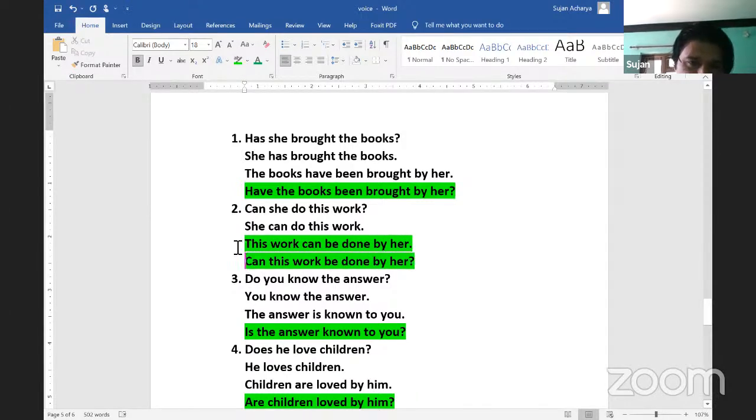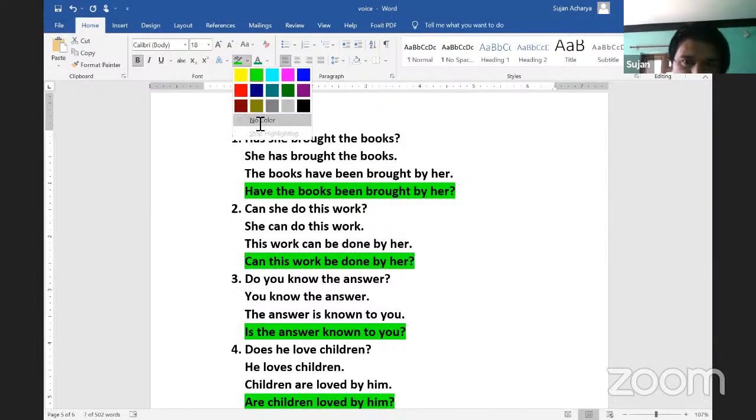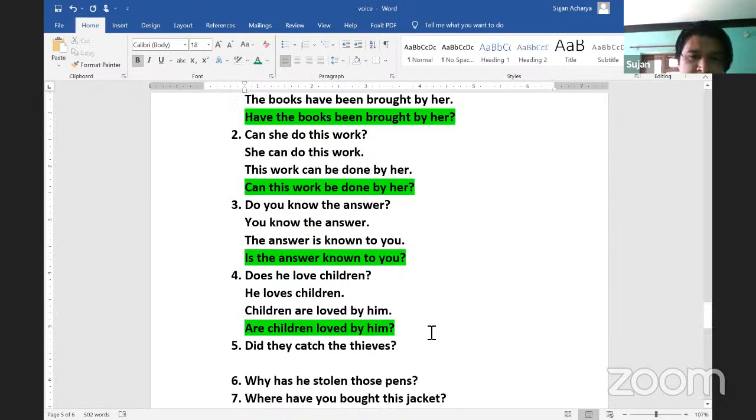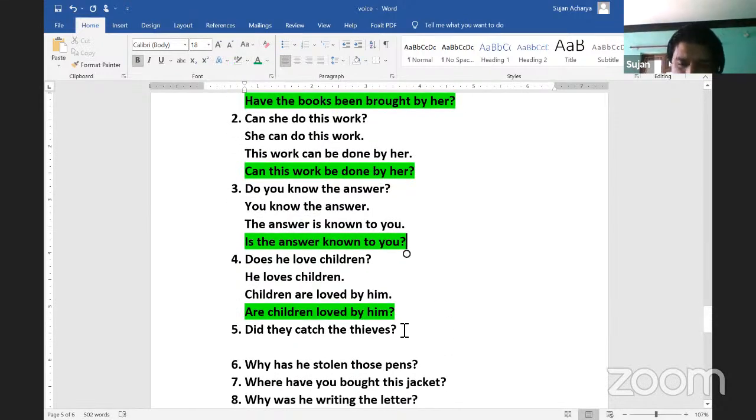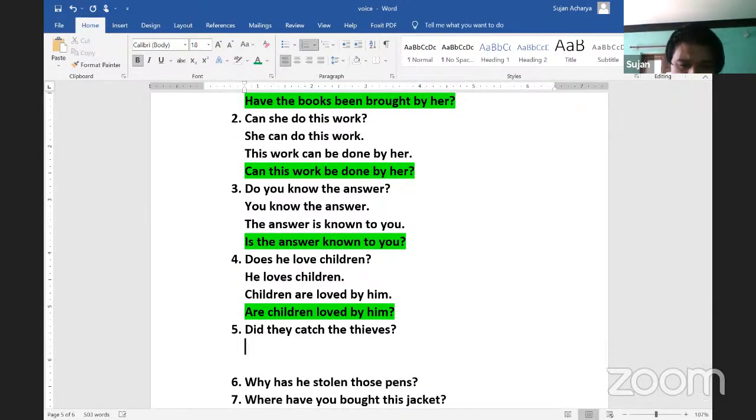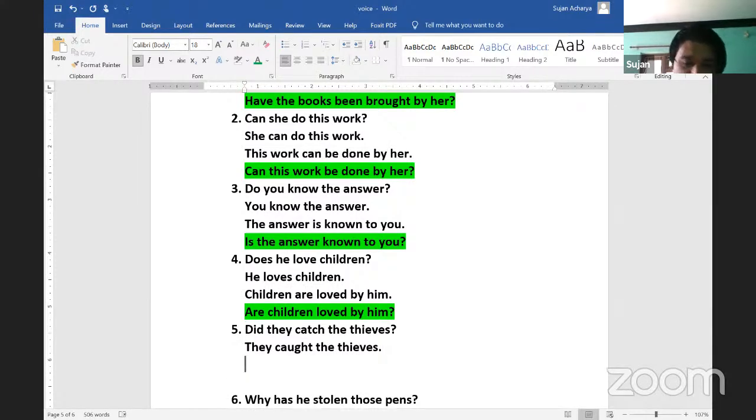Do this one. Did they catch the thieves? They caught the thieves. Why caught? Because did is there. They caught the thieves. The thieves were caught by them.